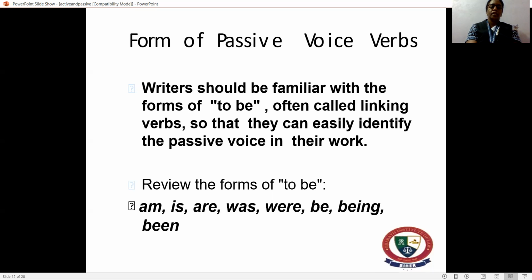Am, is, are, was, were, be, being, and been. Once again, I'll repeat: am, is, are, was, were, be, being, and been. These are the various forms of be one should remember while changing from active to passive.